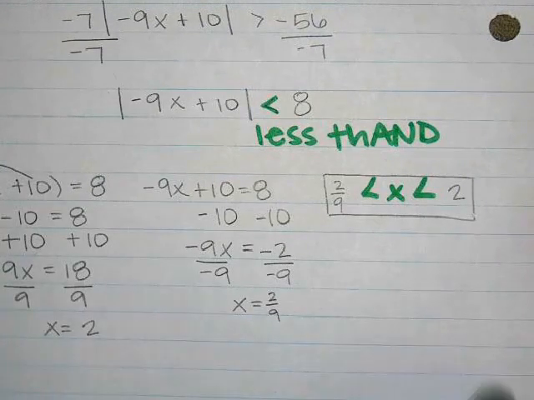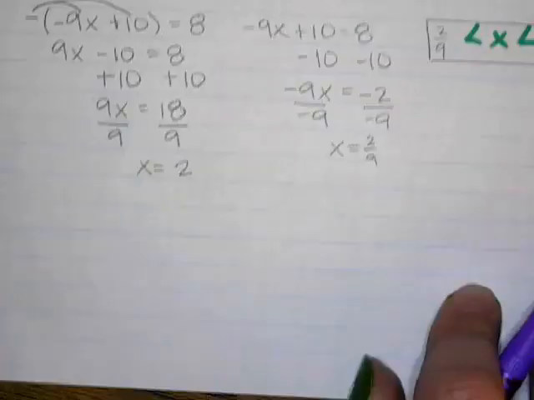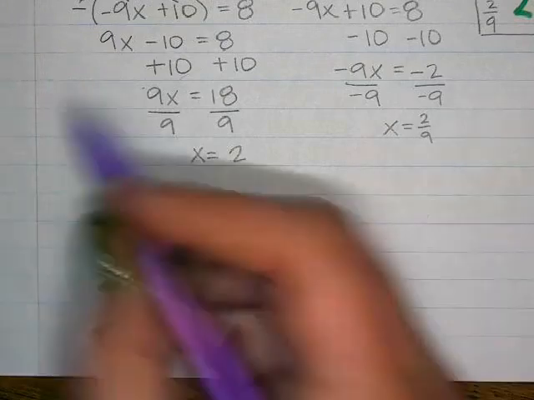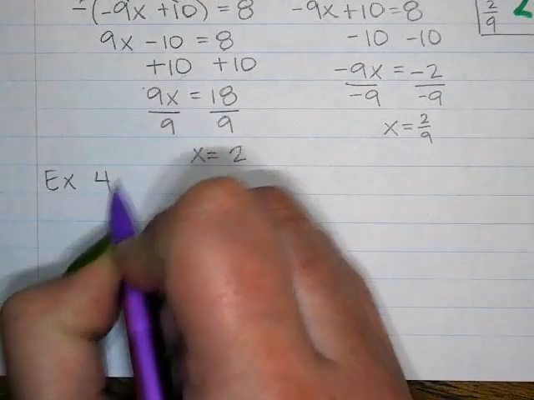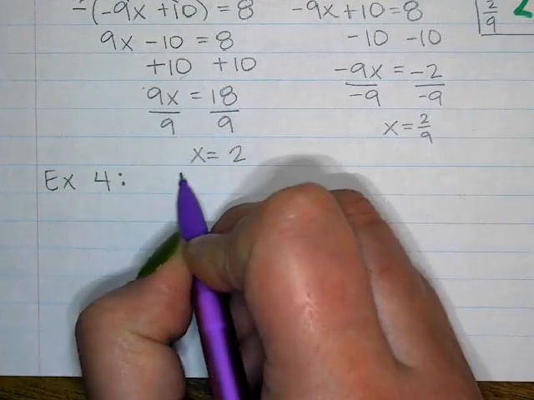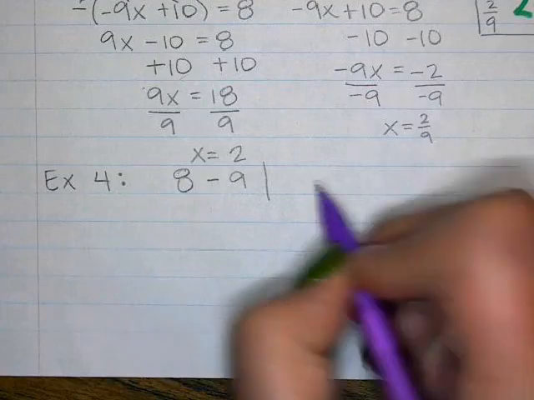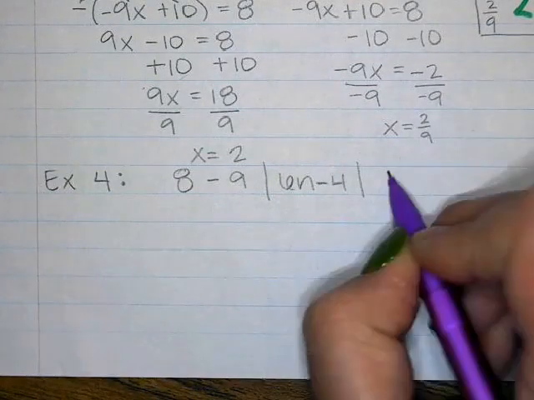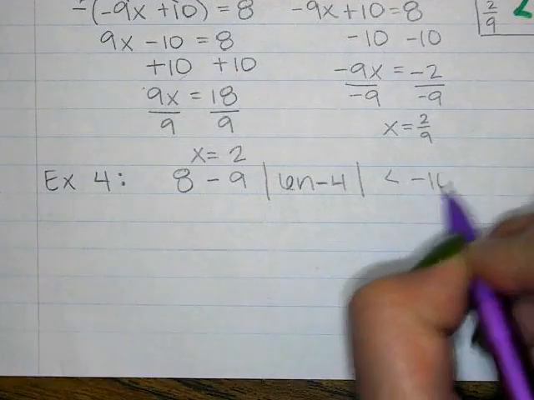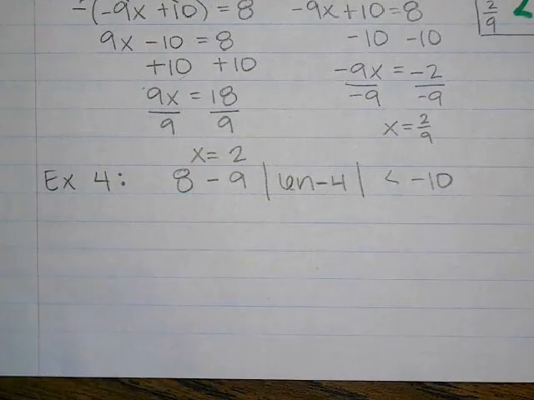All right, another example. Example 4. I'm probably going to run out of space. We'll see if I can do it. Example 4 says 8 minus 9 times the absolute value of 6n minus 4 is less than negative 10. Say it again. So the first thing we should do is subtract the 8.